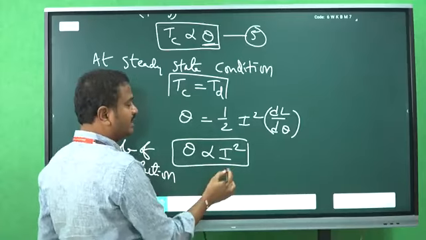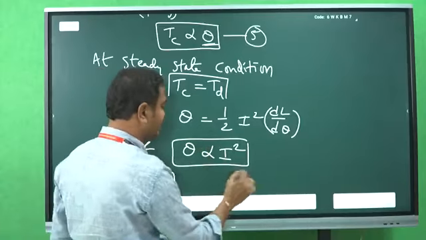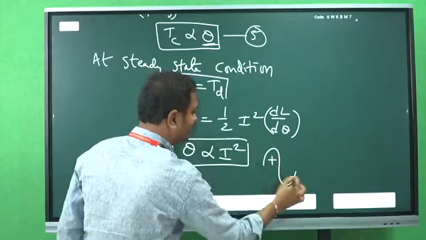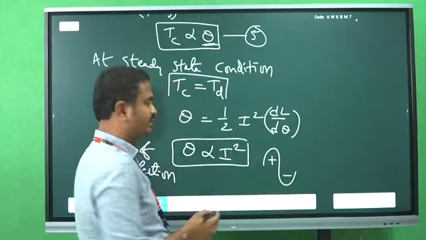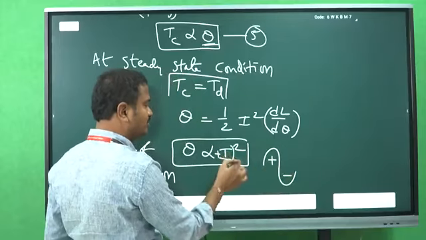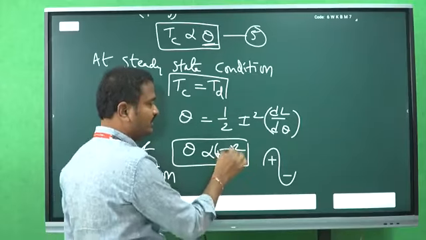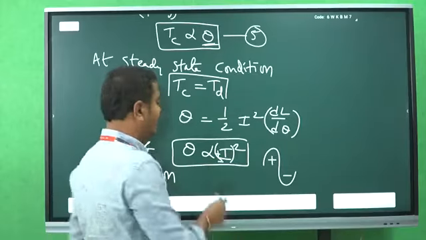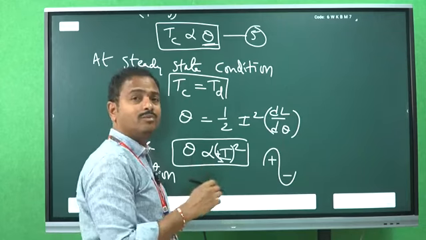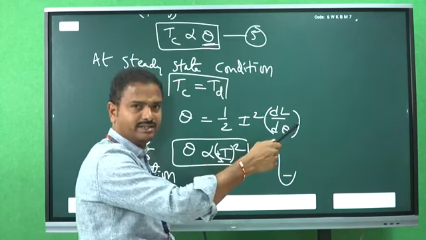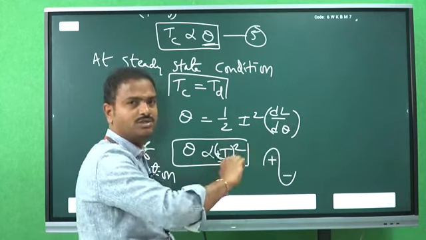If we connect the MI type instrument in the AC supply, we have both positive peak and negative peak. If the current value is positive, it is squared. If the current value is negative, it is also squared. That means the angle of deflection is always positive, so Td always produces positive deflection.